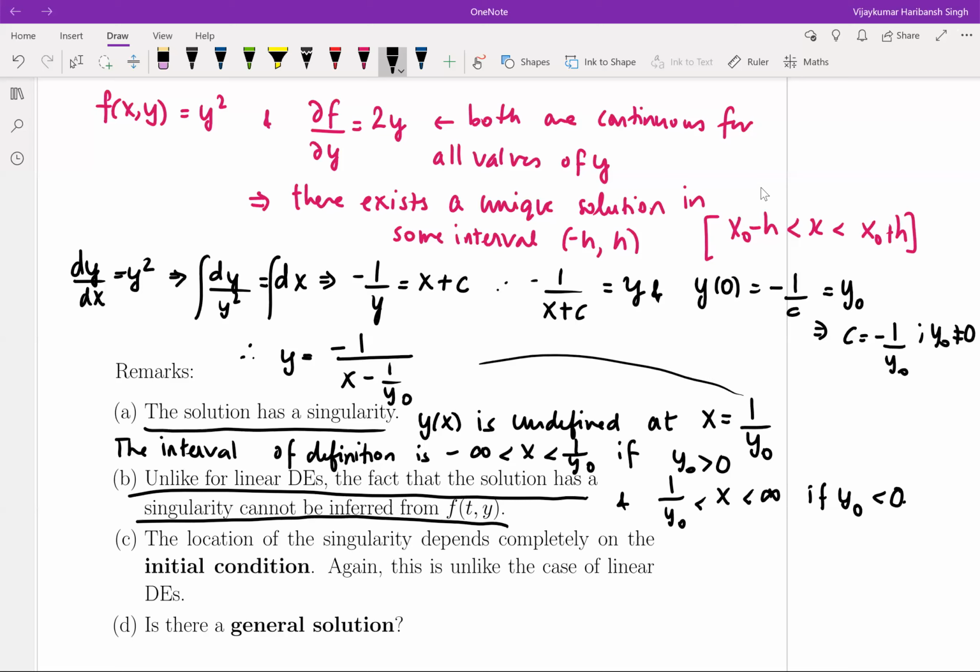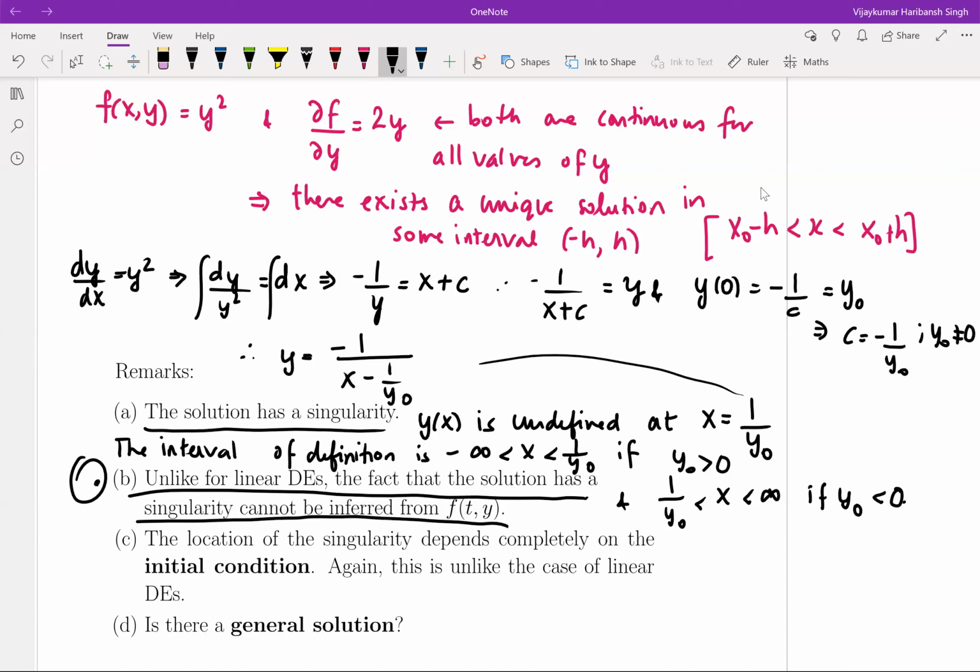Whereas for a linear differential equation, you could just look at p of t and g of t to determine the nature of the solution. But for non-linear, as you see in this example, you have to basically find the solution to determine what is happening.